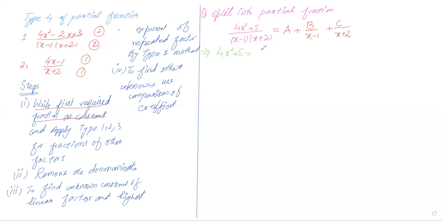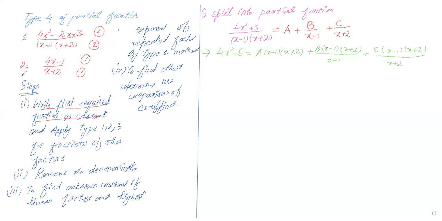So I will write A times (x - 1)(x + 2). Then this denominator will multiply by the second constant B, (x - 1)(x + 2) divided by (x - 1). Similarly, the denominator on the left-hand side will multiply with C, (x - 1)(x + 2) divided by (x + 2).